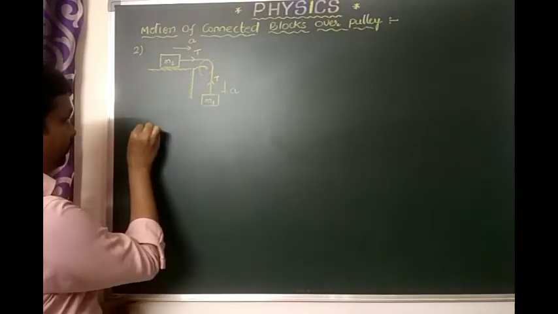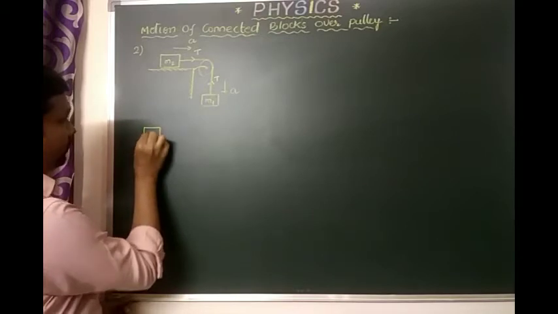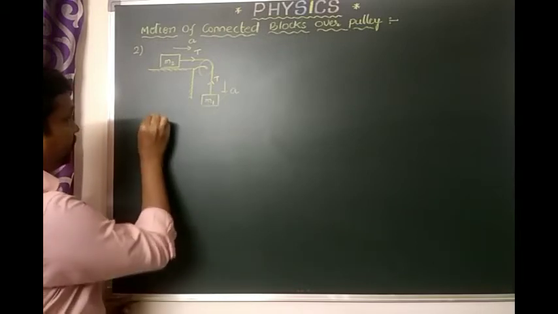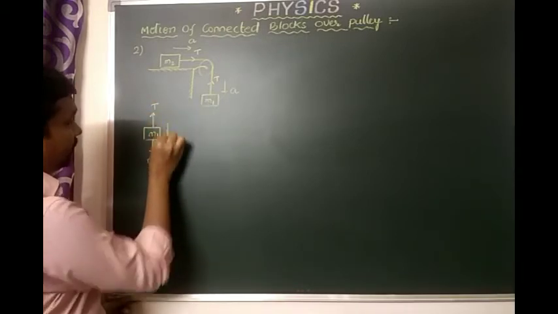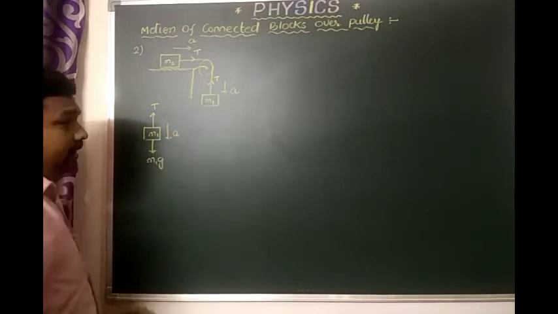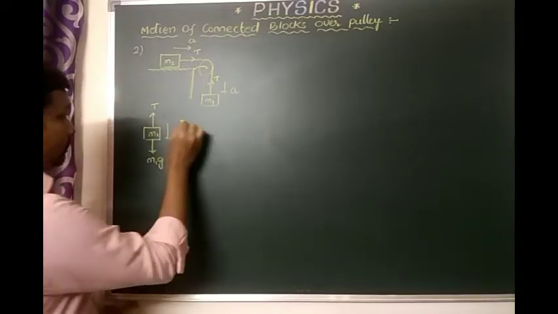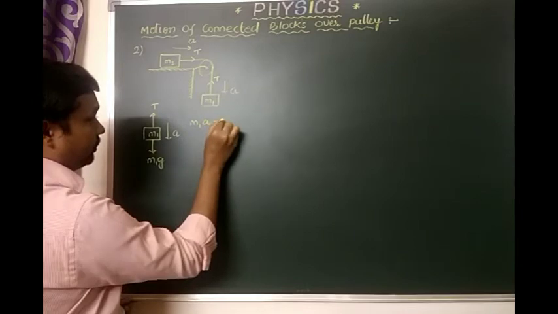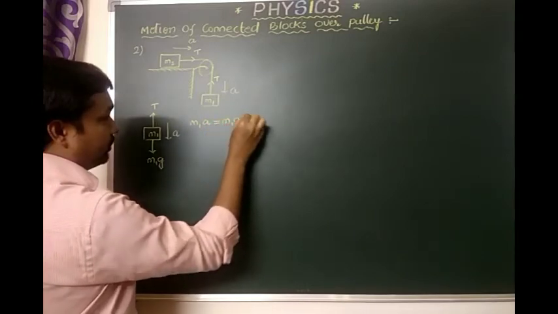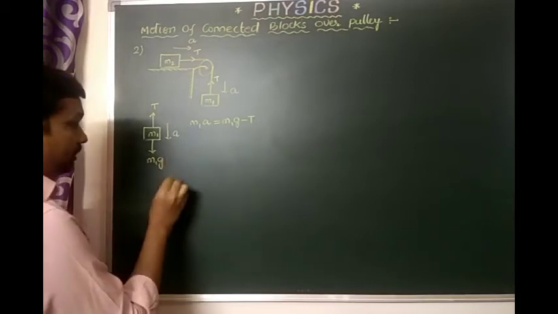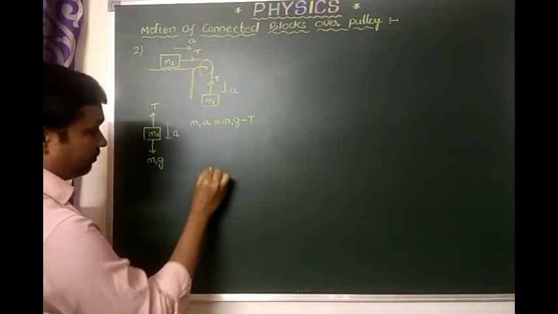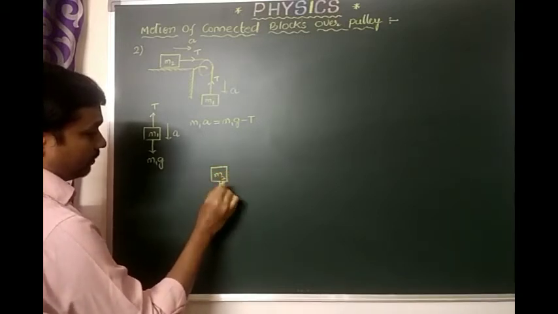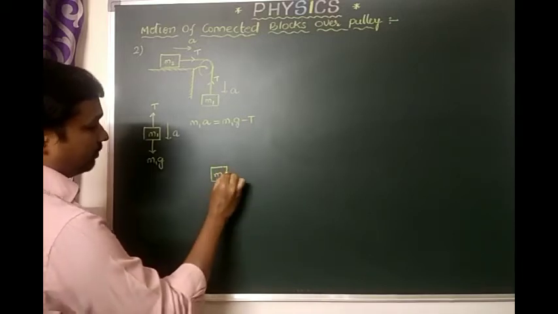We need to calculate. So the free body diagram of M1: M1 g is in the downward direction, tension will be in the upward direction, acceleration will be in the downward direction. So we can write the net force: M1 a is equal to M1 g minus tension T. Similarly, consider the free body diagram of M2.